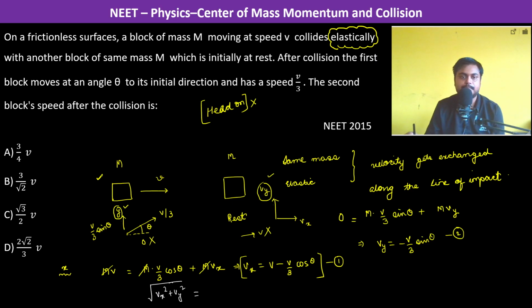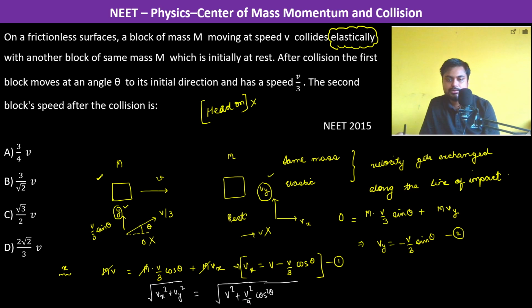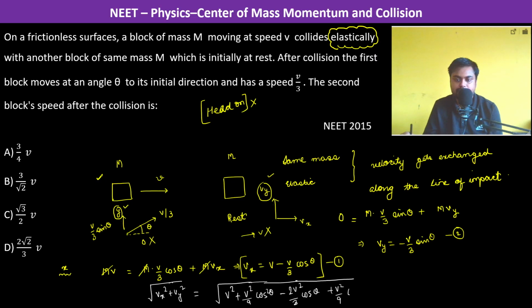This is going to be root over v square plus v square by 9 cos square theta minus 2v square by 3 cos theta plus v square by 9 sin square theta, which is equal to root over v square plus v square by 9 minus 2v square by 3 cos theta.